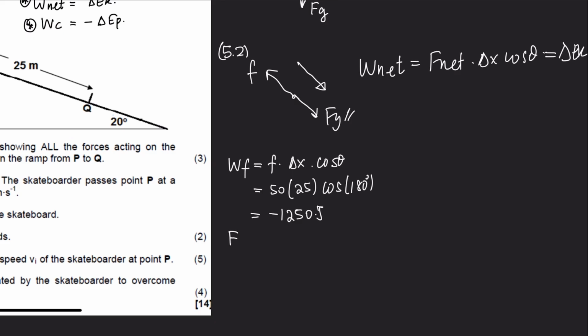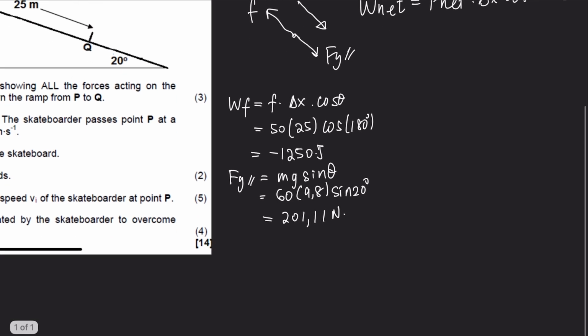Then FG parallel, let's work that out first. FG parallel is equal to mg sine theta. So 60 times 9,8 times sine of 20 degrees is 201,11 newtons. Now we need to work out the work done by this force. The work done by FG parallel is equal to FG parallel times delta x times cos theta.